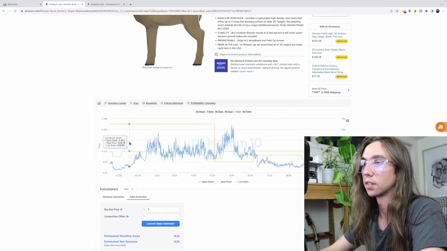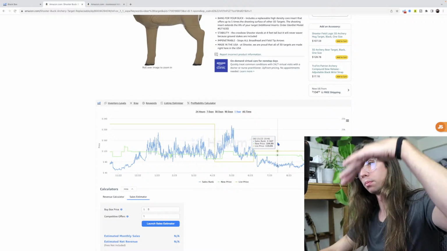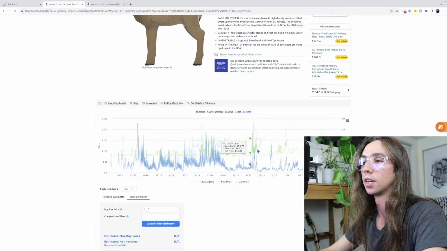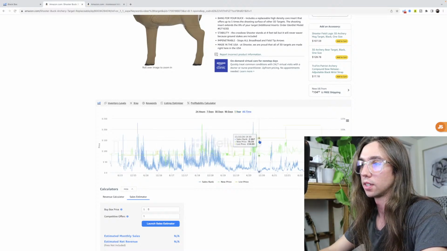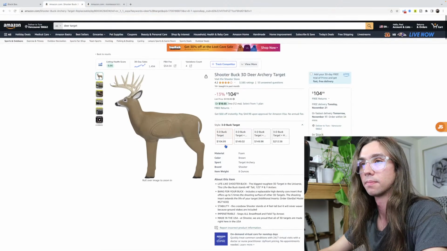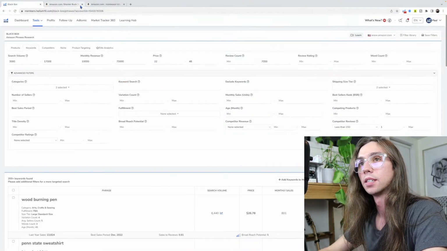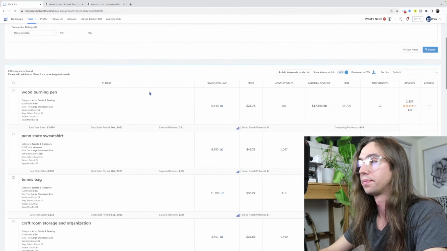I mean, that's a year right there. In winter, your sales rank gets a little worse, but it's not like boom, boom, boom. Like when we look at this big chart, yeah, during the rut you get a little bit more action, but it definitely doesn't have that Santa hat look to it.